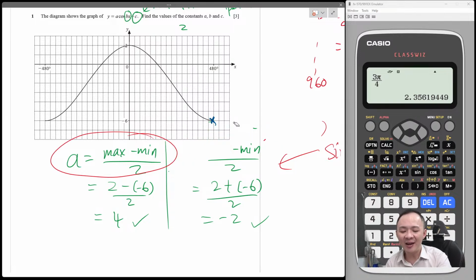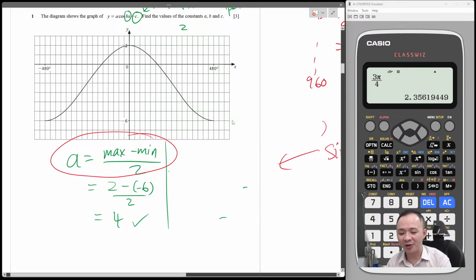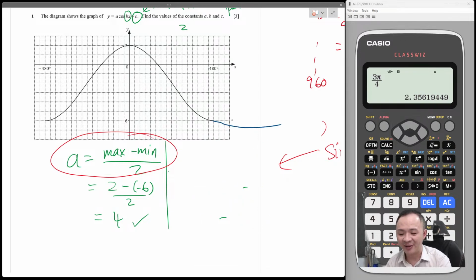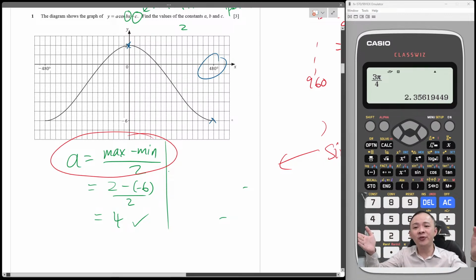If negative 6 is not the minimum, they will still continue to go down, then this question is unsolvable. So the only way to solve this one is this point must be the minimum. So from maximum to the minimum for a cosine graph, I know it's already half of it, right? So if half of the cosine graph is 480, then the full cosine graph will be 480 times 2, isn't it? This is how I get 960.